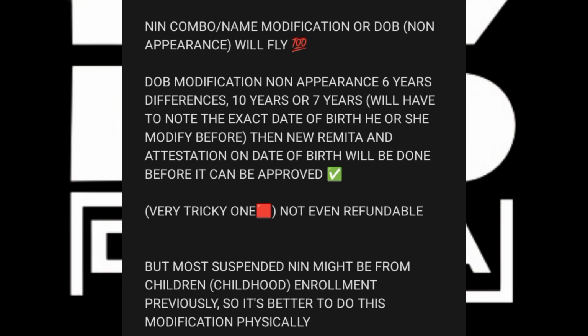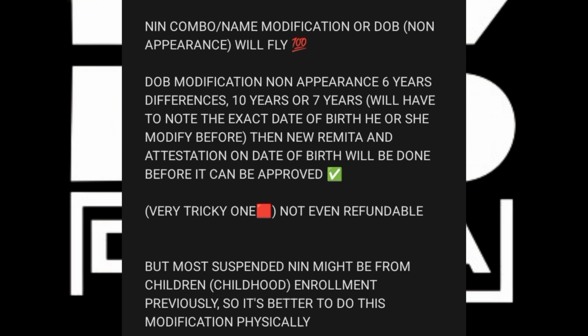Let's assume you changed only a month in your date of birth, or maybe a day. There is a mistake, a day. Those ones fly. But if it's a date of birth where you change everything, month, day and year, you backdate it, try to downgrade your age, reduce it.